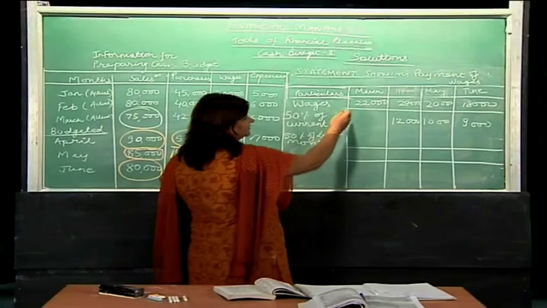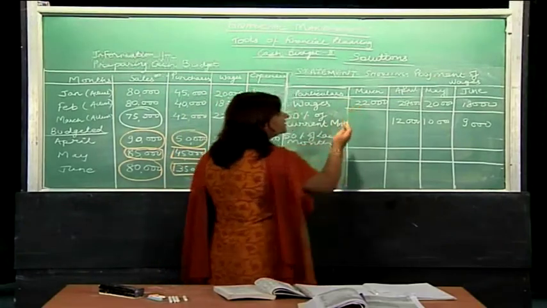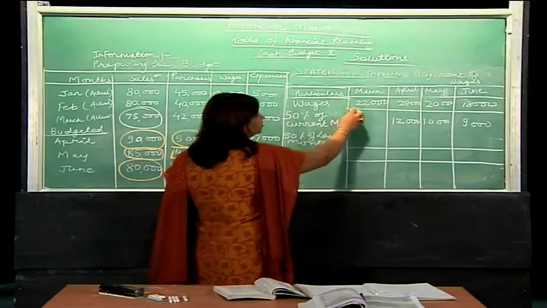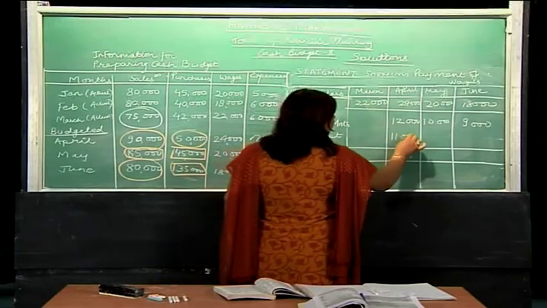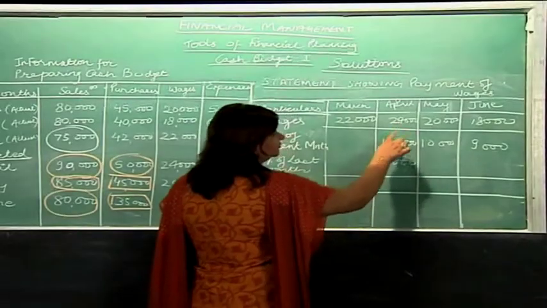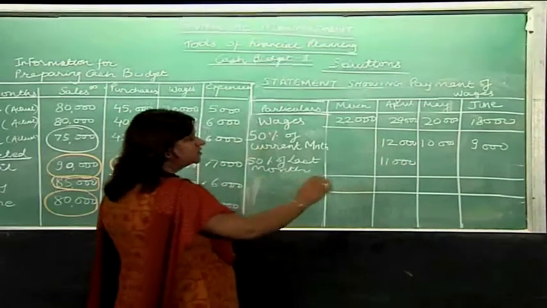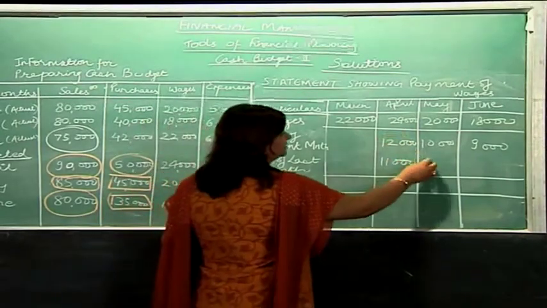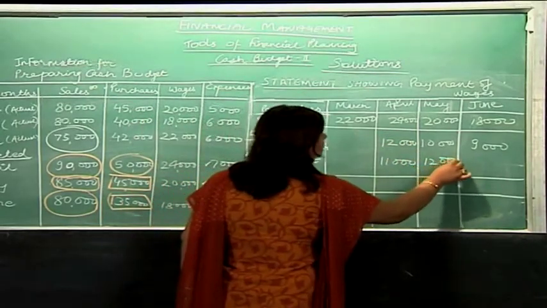Last month's 50% will be 22,000, that is the wages for the month of March shall be 11,000. Here it's 50%, 24,000's 50% is being paid off. So remaining 50%, that is 12,000 will be paid in the month of May.